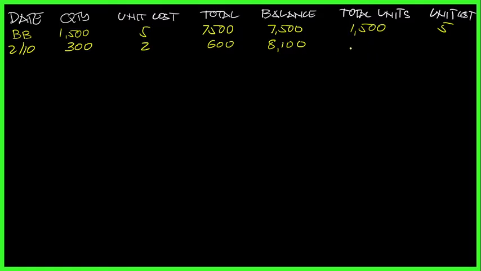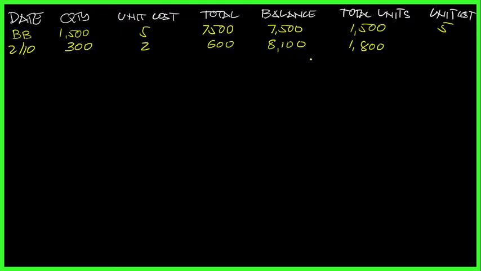So, how many units do we have? You have 1,500 plus 300, so you have 1,800 units. Now, if you divide your total balance, 8,100, sabi niya kasi every time you make a purchase, the average cost will be computed because the purchases will affect the unit cost, not the sales.